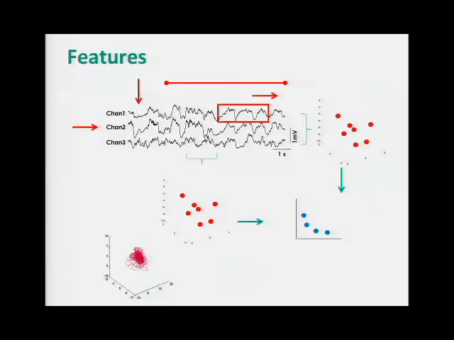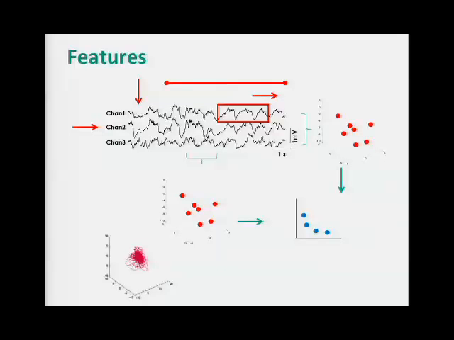So from univariate features, we can do linear or nonlinear transformations, and then if we take the relationship between different channels, we can also extract linear and nonlinear features, as is shown here.